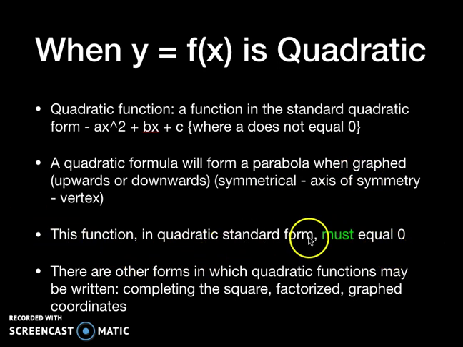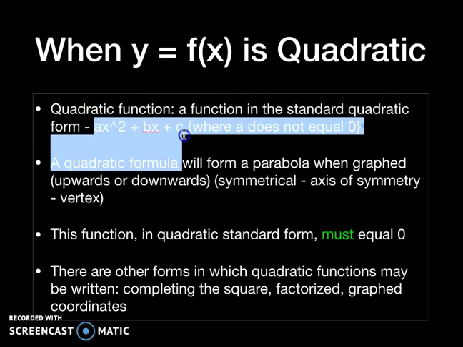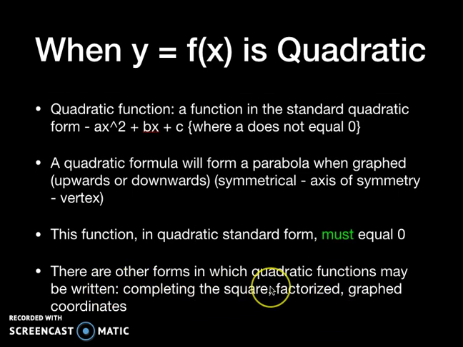This function in the quadratic standard form, ax squared plus bx plus c, must equal 0. So if it doesn't equal 0, you have to rearrange the formula you're given so that all of the numbers and the variables add up to 0. There are other forms in which quadratic functions may be written: completing the square, factorizing, and graph coordinates.